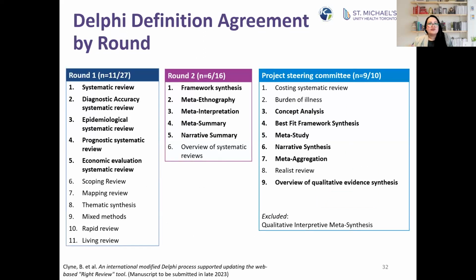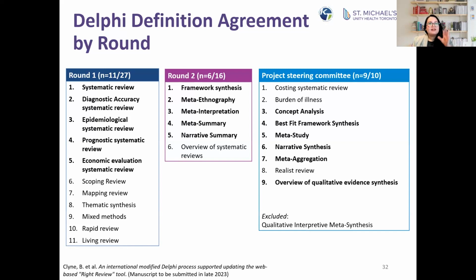And here's an overview of the definition agreement by round. So in the first box, which is round 1, 11 definitions were agreed upon out of the proposed 27. And as highlighted with bolding, most of these were more established quantitative review types, as you can see, for example, systematic reviews and diagnostic accuracy systematic reviews.